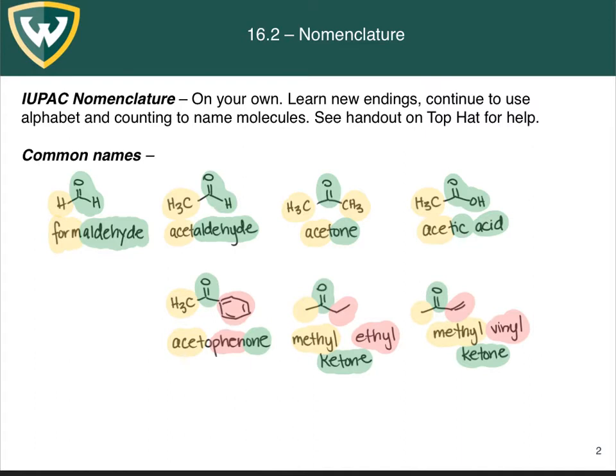So here I've highlighted for you where in the structure the names are coming from. So here, again, we have acet for the methyl that's attached to a carbonyl. We have phen for the phenyl group, and we have -one for the ketone. And then here, it's quite literal, methyl ethyl ketone and methyl vinyl ketone.